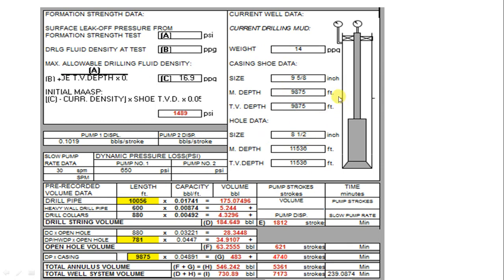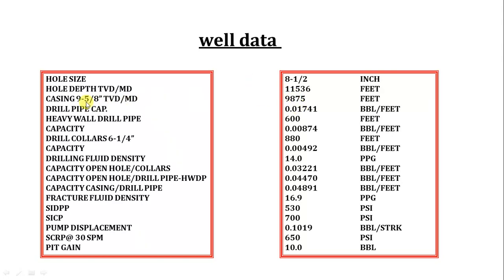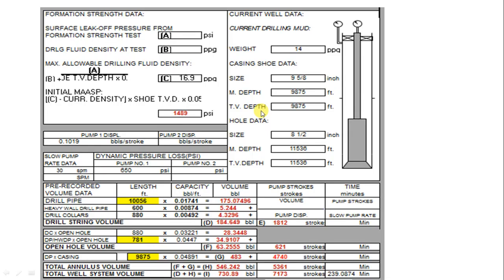Also here the last casing data, which was 9 5/8, and the measured depth and true vertical depth are 9875. So here the casing shoe is 9875. This is very important also, and we put it here. The current mud weight is 14 here.